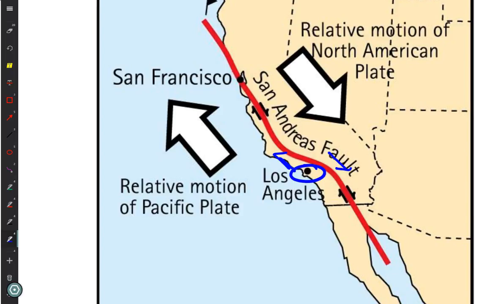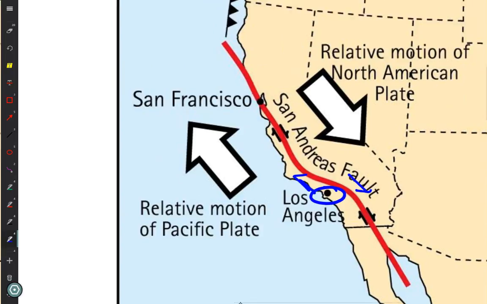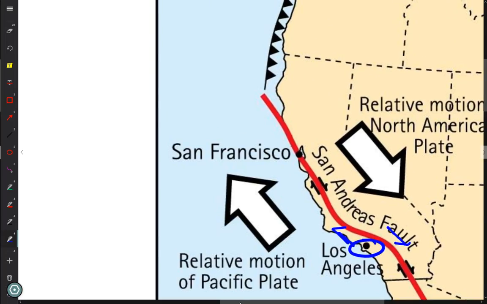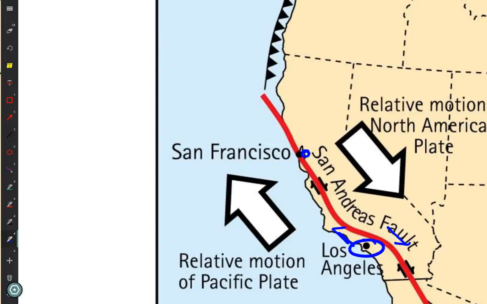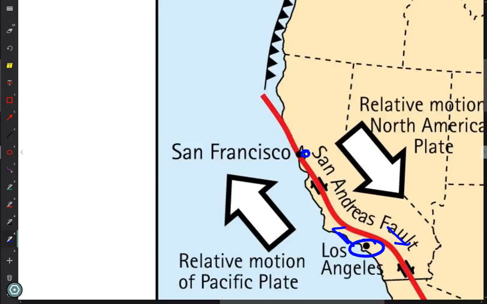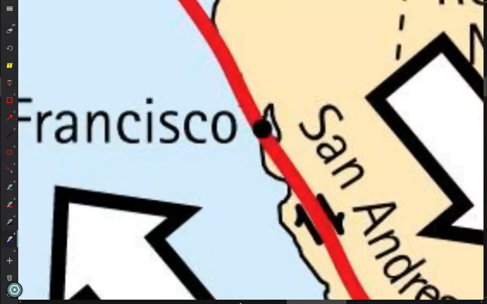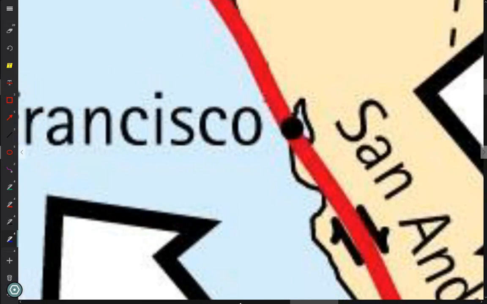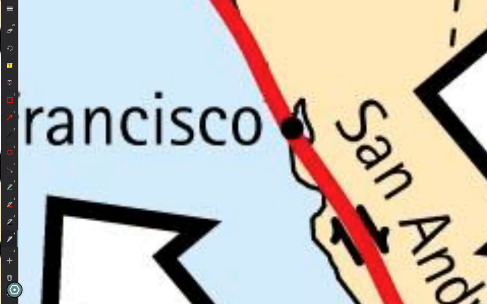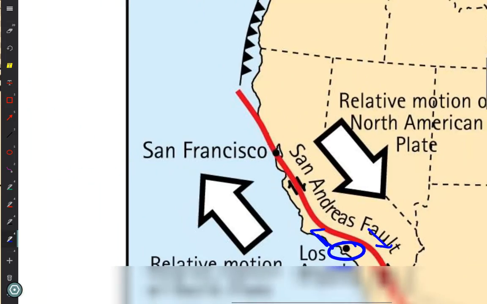LA is getting closer to San Francisco. At least Oakland is on the continental side there. And so LA is getting closer to Oakland. San Francisco, I don't know how well you guys know, but San Francisco's under the red line there. The line is not clear enough for us to distinguish.